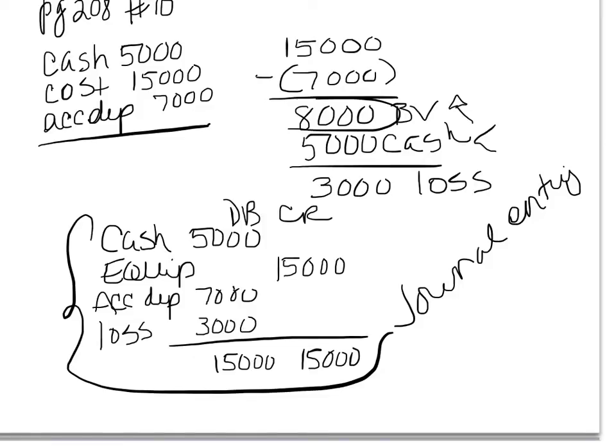We would have to sell it at exactly $8,000 if we wanted no gain and no loss, as that is the book value on this particular asset. Now let's go ahead and look at exercise number 11 on page 208. Exercise number 11 says record a disposal of this particular asset.